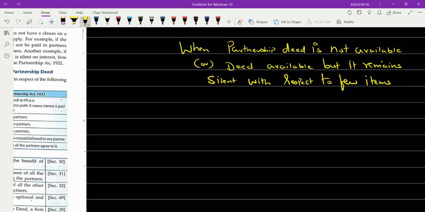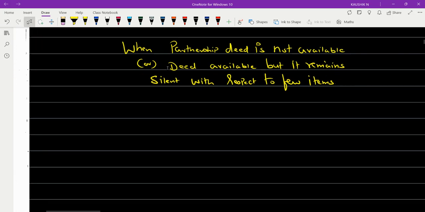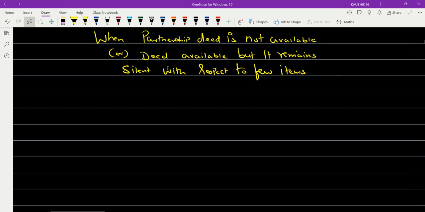So we are going to discuss this particular concept. The partnership deed is not available, or the deed is available but it remains silent with respect to a few items.